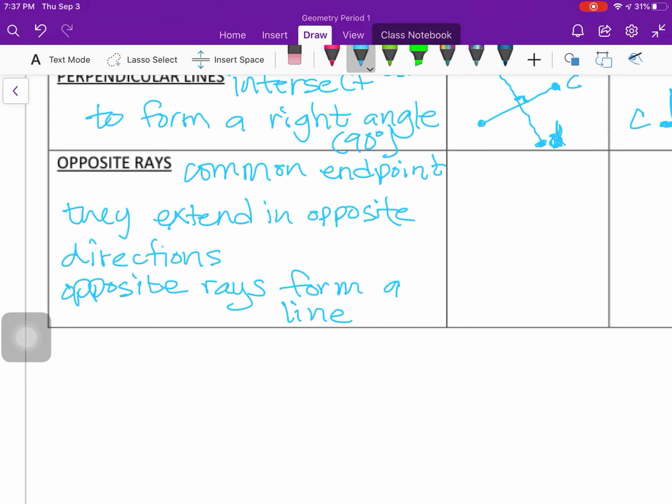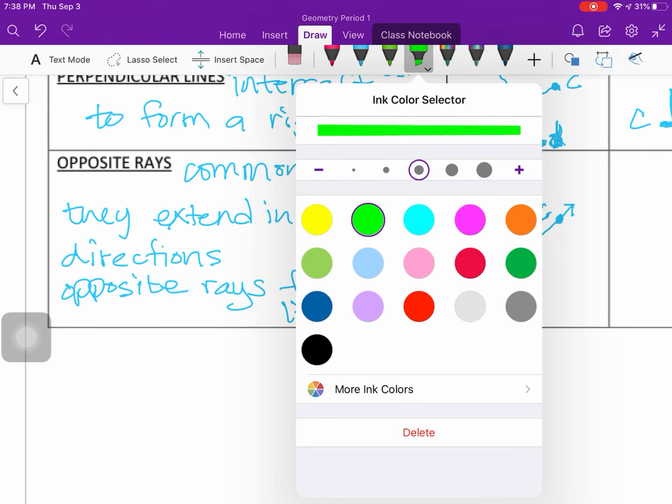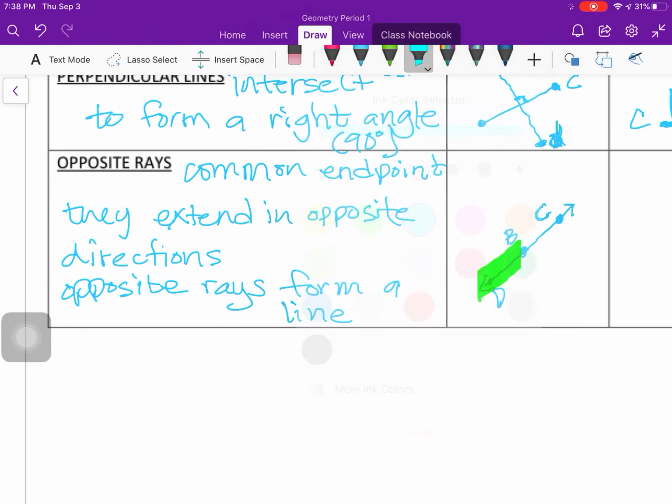Okay, so the way that that's going to look, let's write it as one ray here. We've got this ray, which we're going to call BC. Now my other ray is going to go in the opposite direction, right? And it has a common point. It has a point B. So it's going to go this way. So we've got a ray that way, and we've got a ray this way.